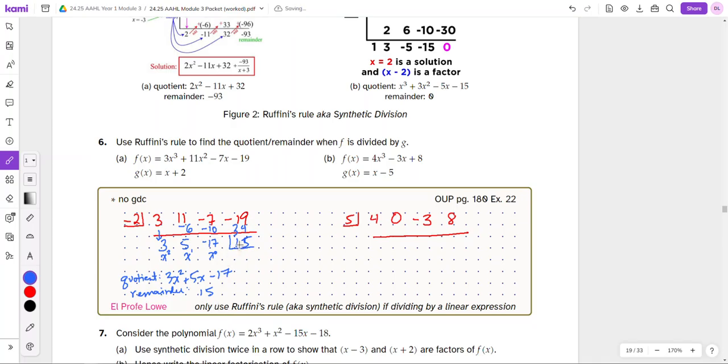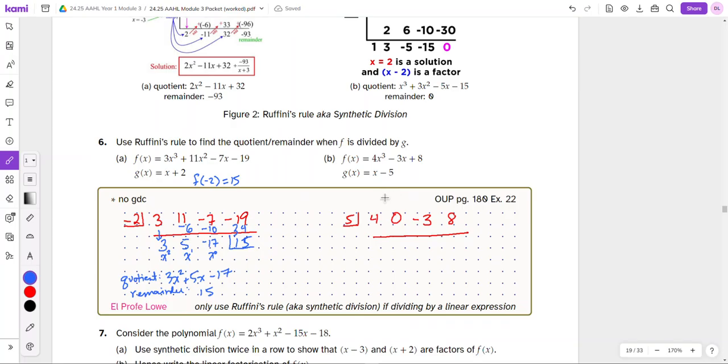Because I have a remainder, I know from the remainder theorem that f of -2 is going to be equal to 15. That the remainder is 15 when I evaluate at -2. So I know that x plus 2 is not a factor.